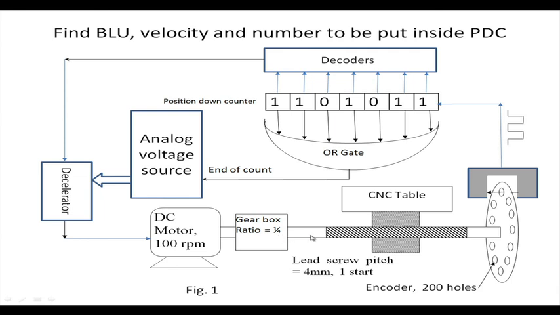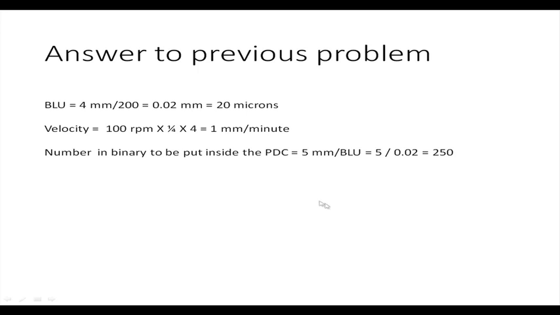So, the lead screw must rotate at 25 RPM, and 25 RPM multiplied by the pitch, that will be 100. Let us see the answer. Yeah, 100 RPM multiplied by 1/4, which is the gear ratio, multiplied by 4. So, how much is that? That is equal to 1 millimeter per minute.